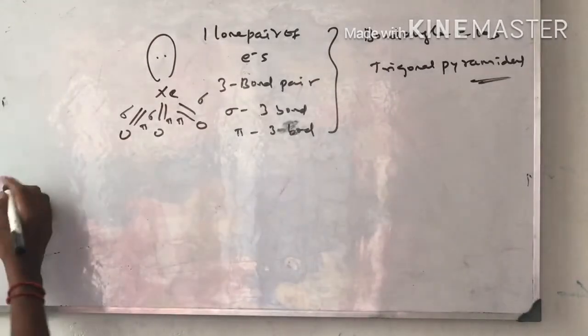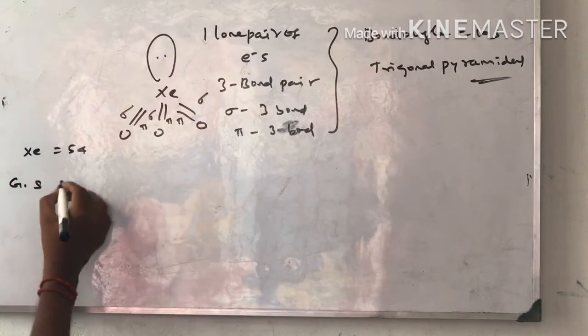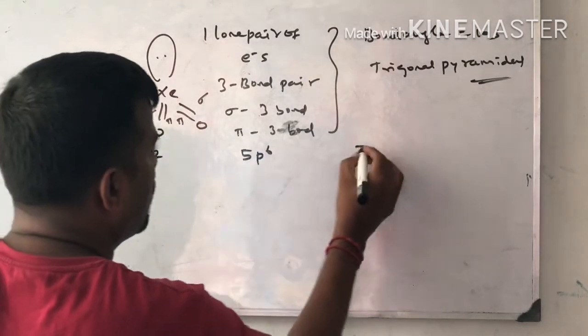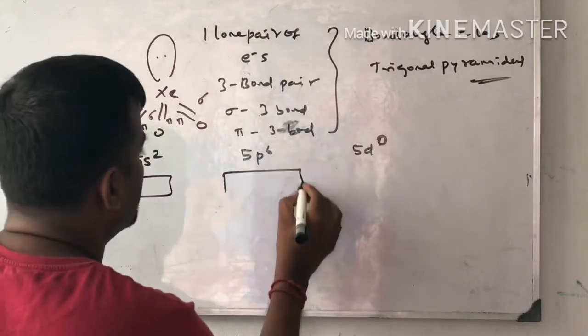Now I am going to explain. Xenon has atomic number 54. The ground state configuration is 5s2, 5p6, 5d0. Initially this is the configuration of xenon.